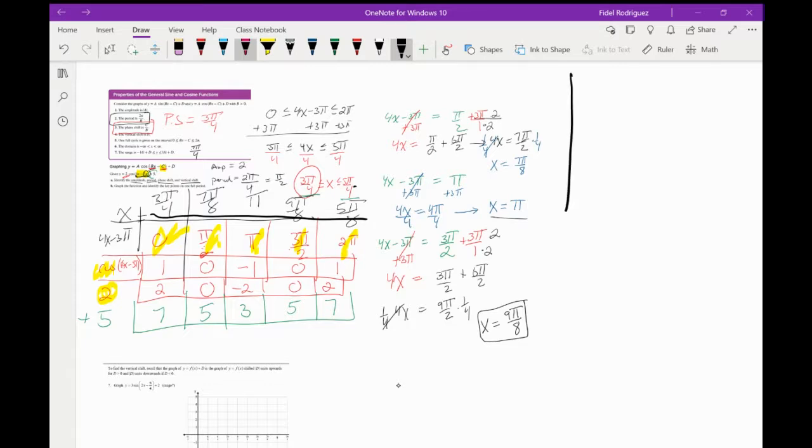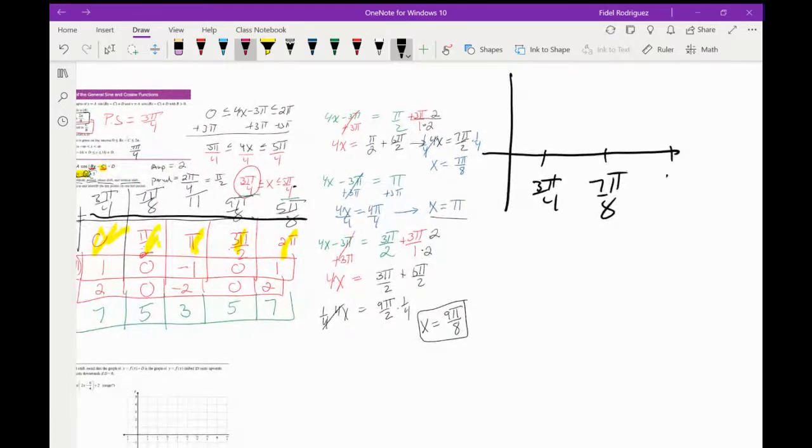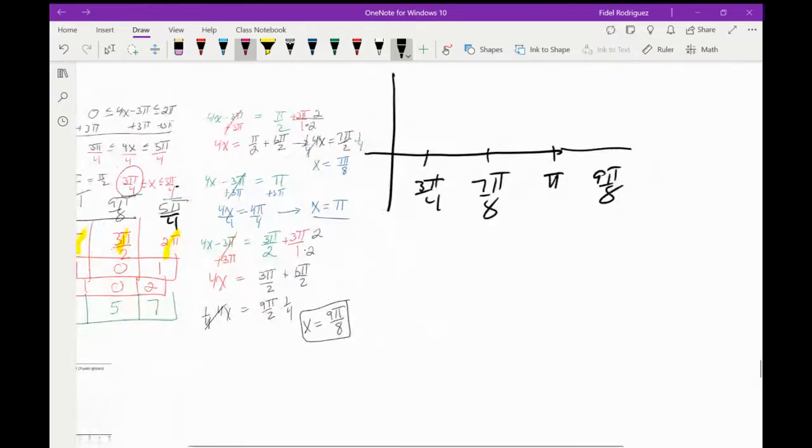Okay, so let me show you what we're going to do now, y'all. We're going to draw our picture. Look at what we're starting. We're starting at 3 pi over 4. So I'm just going to do this. 3 pi over 4, 7 pi over 8, pi, 9 pi over 8, and 5 pi over 4. Okay.